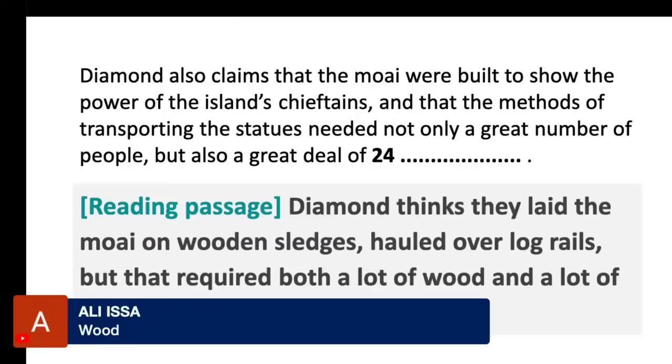Ooh, wood or woods? That's a really good question. We'll have to explain the difference between wood and woods. Go ahead. So, a great deal of wood. Wood as an uncountable noun is the material you use as a fuel.